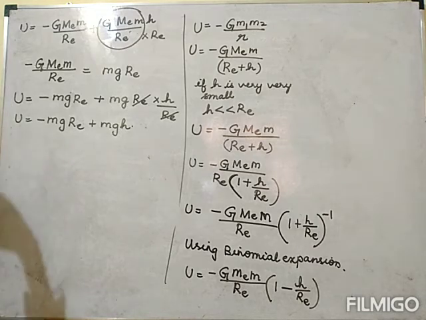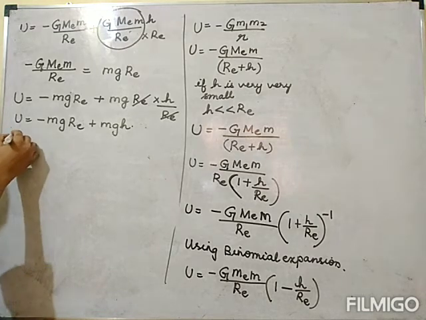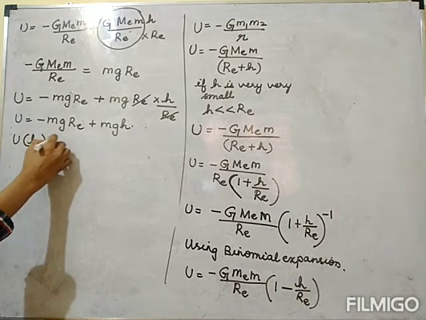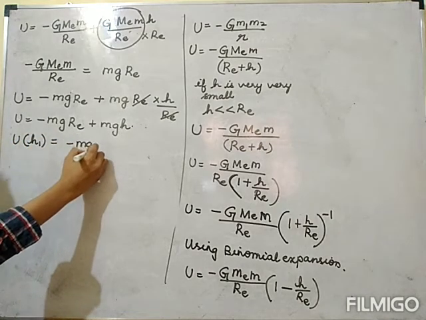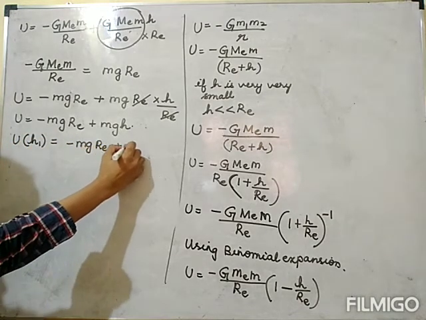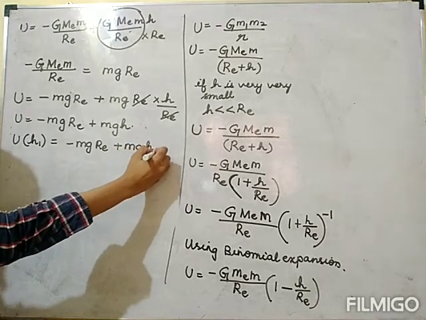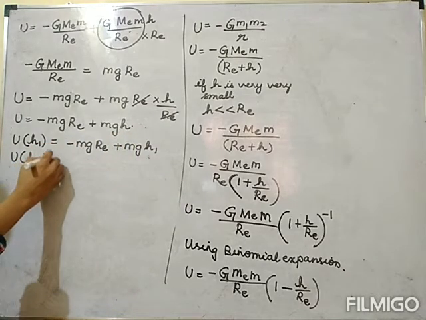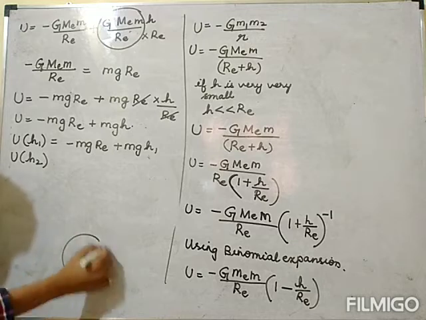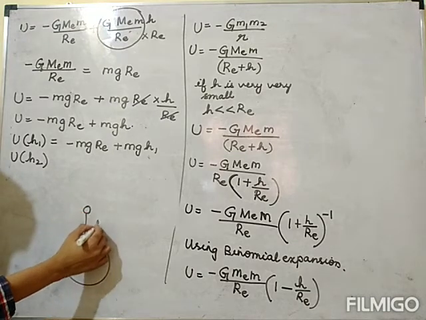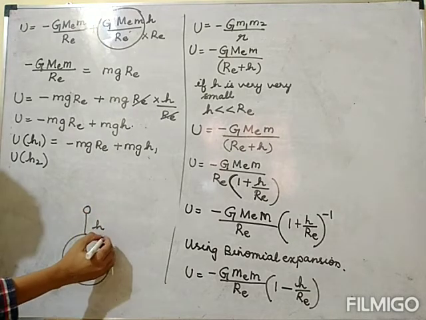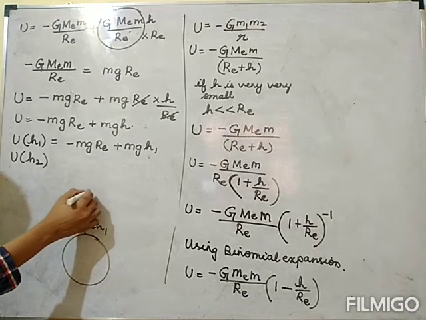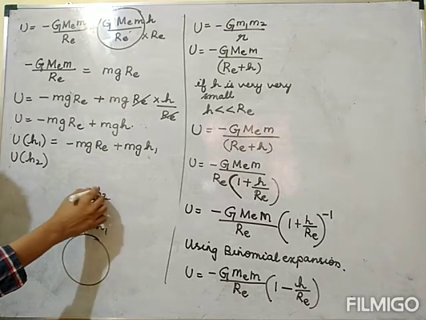So for two different heights, if the height is h1, you will be getting minus mg Re plus mg h1. Suppose this is the earth, the object is at height h1, yes or no? Suppose from the height h1, I am moving the object to the height h2.